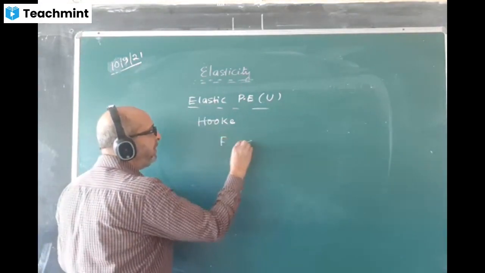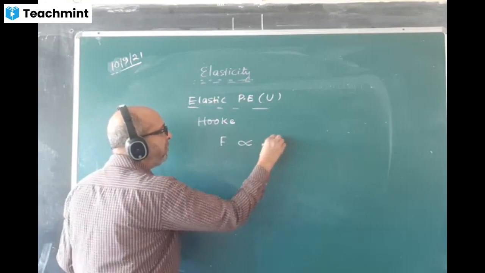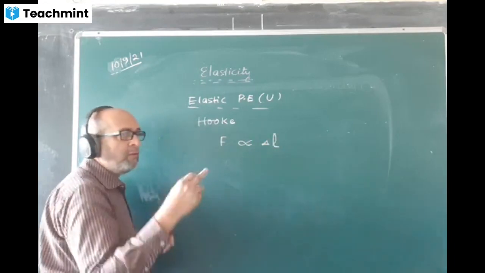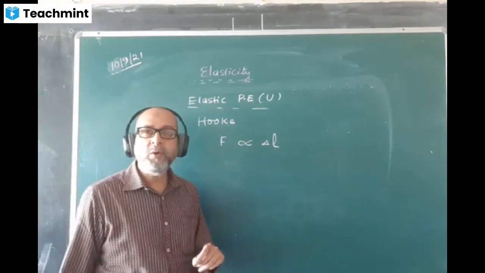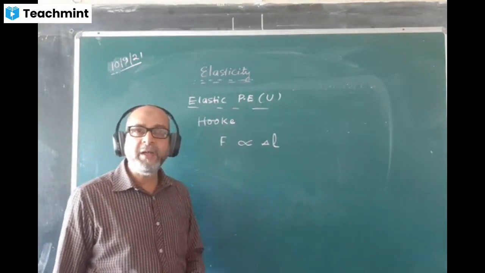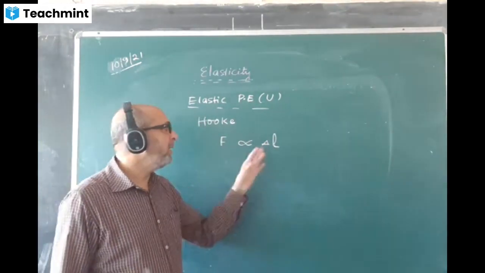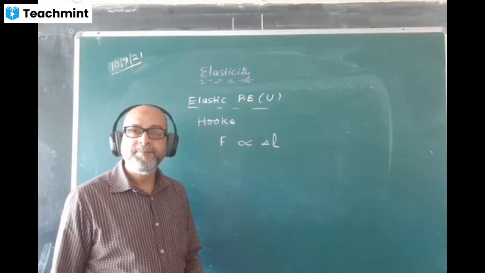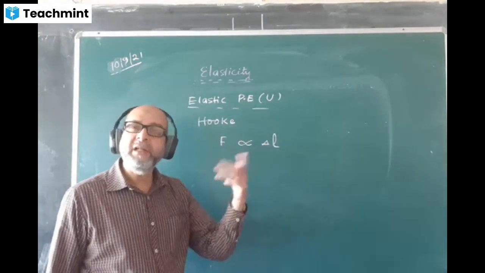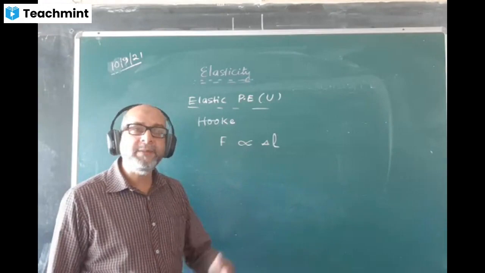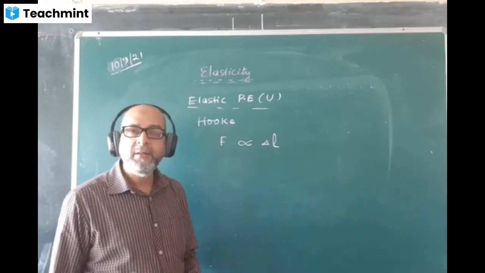F is directly proportional to the elongation. Elongation we can add as delta L, or you can add small e. It's all the same. You can add even x, change in the length.